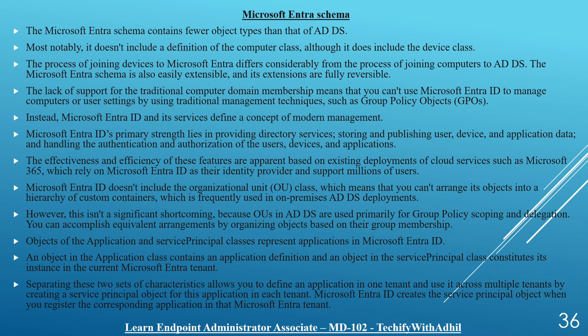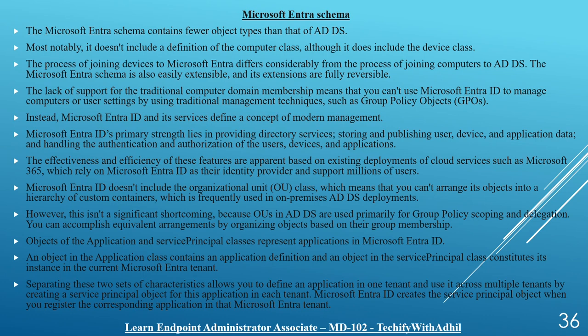Separating these two sets of characteristics allows you to define an application in one tenant and use it across multiple tenants by creating a service principal object for the application in each tenant. Microsoft Entra ID creates the service principal object when you register the corresponding application in that Microsoft Entra tenant.